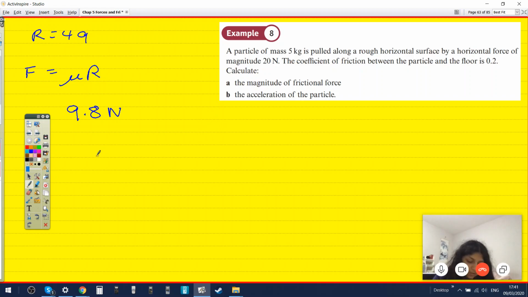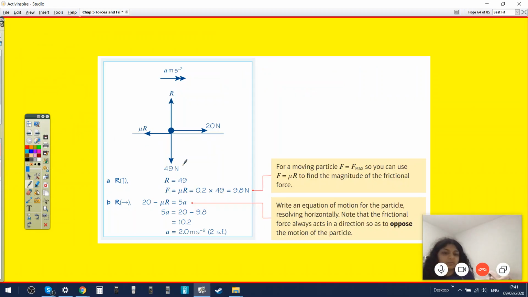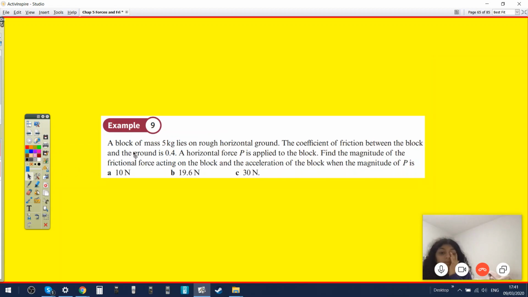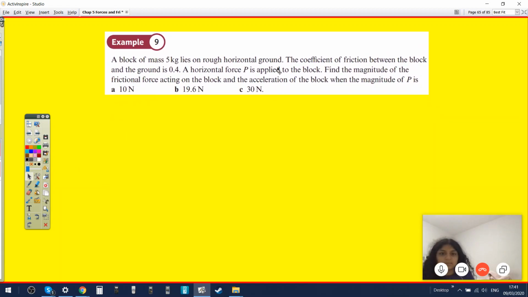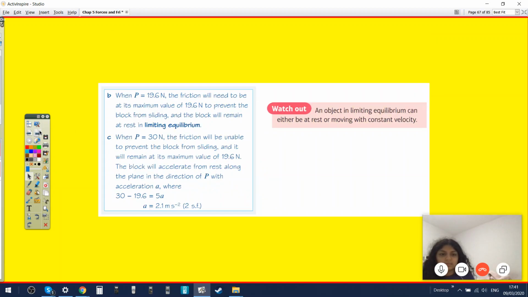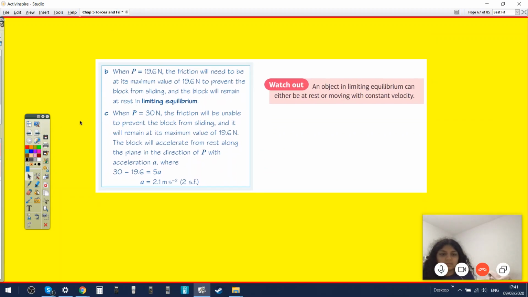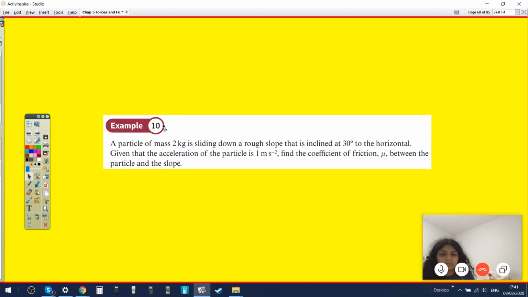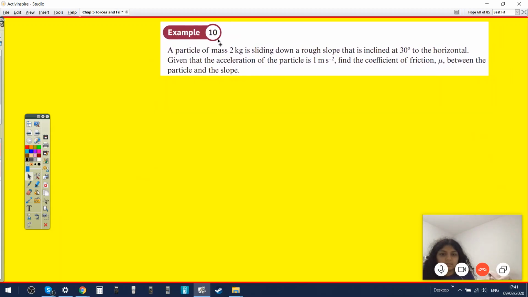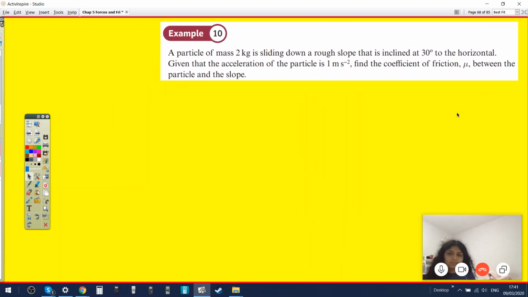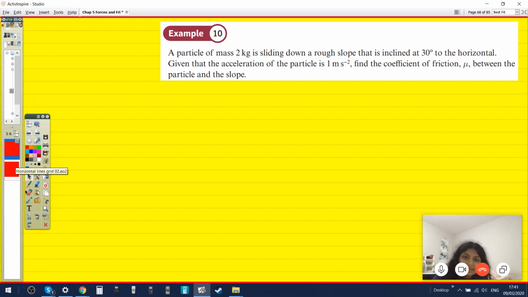Acceleration is 2.04 meters per second squared. That one was horizontal, that was my own fault. This is horizontal, I'm going to say that's going to be fine. Limiting equilibrium. Okay, slope. Okay, I can try.